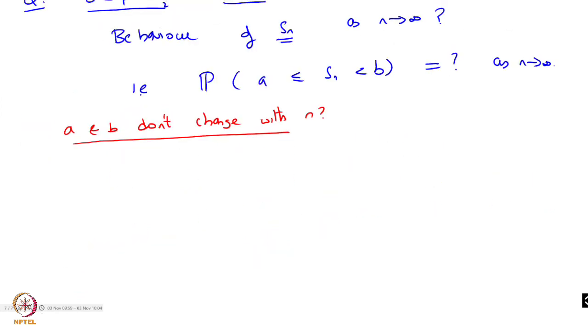In some sense, the mean of Sn, as we have seen before in calculation, is n times p. And the variance of Sn is n times p times 1 minus p.